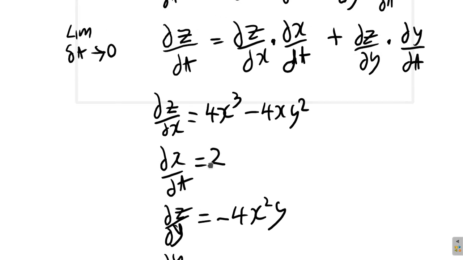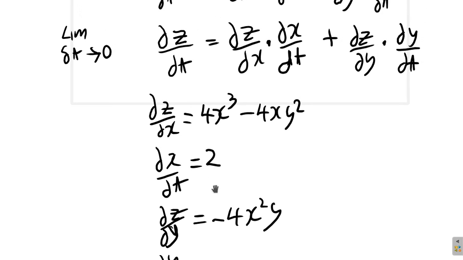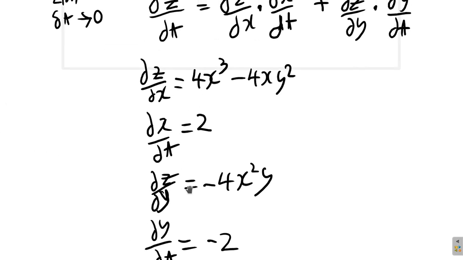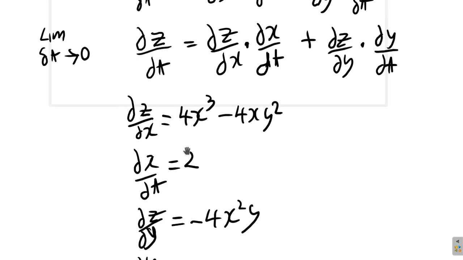Alright, so we put them together now. Partial of z with respect to t is equal to partial z by partial x times partial x by partial t.